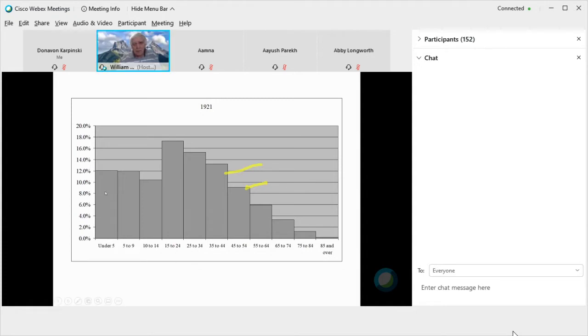The hump here at the beginning is probably the post First World War baby boom. This is 1931, 1941, and then after the Second World War, there was also a baby boom. See it there with higher frequencies for the younger age groups.